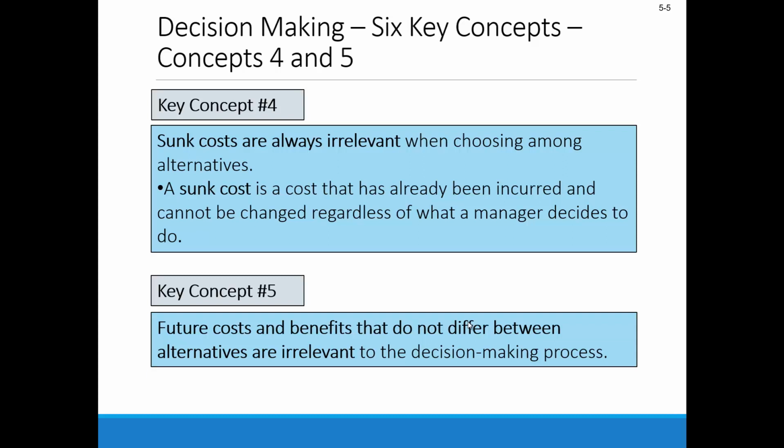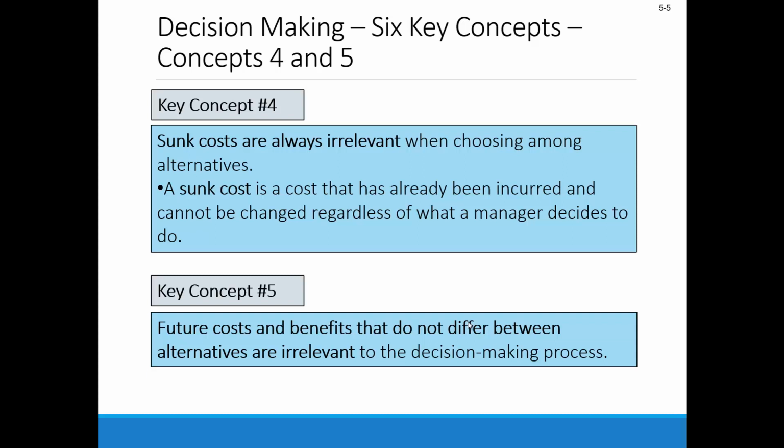Now, there's a demonstrated psychological effect that you may have heard of called the sunk cost fallacy. It's really hard for people from a cognitive standpoint to ignore money they've spent on things or costs that have been incurred to get something up and running. So oftentimes managers fall victim to this sunk cost fallacy and sort of throw good money after bad money.